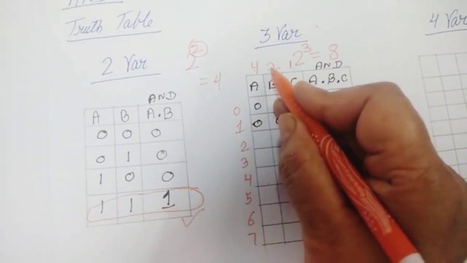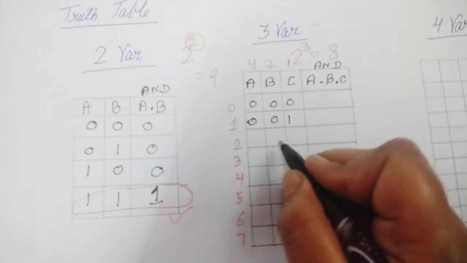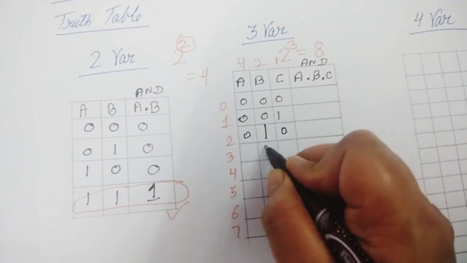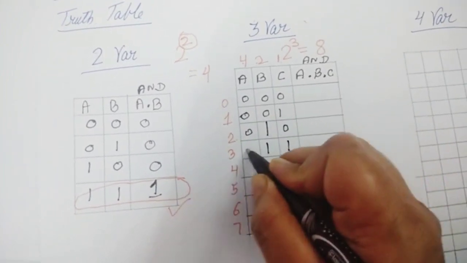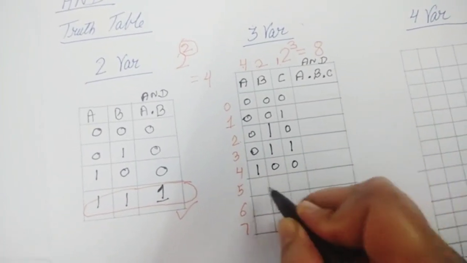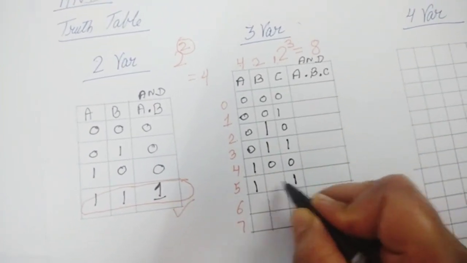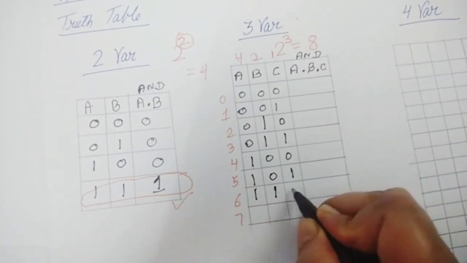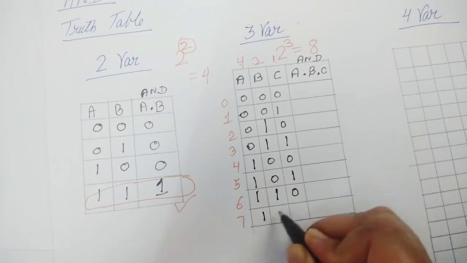Only this column is added, so you write 1 here, and the rest are 2 zeros. So how is 3 framed? 2 plus 1, 3. How is 4 framed? Only 4 added. How is 5 framed? 4 plus 1. Writing 0 here. How is 6 framed? 4 plus 2, 6. This is not added. How is 7 framed? This is clear.